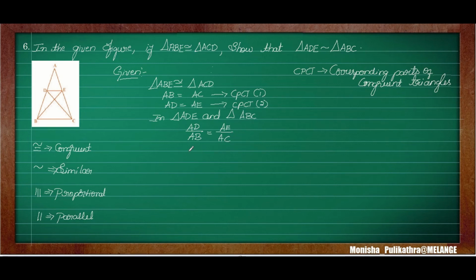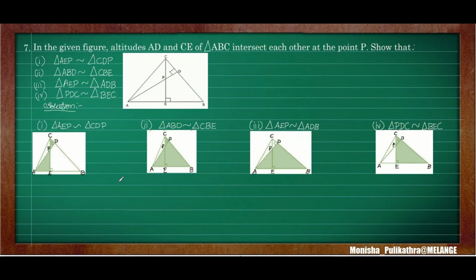Next, in both the triangles, A is the common angle. So two sides are in proportion and one angle is equal. So by SAS similarity criterion, triangle ADE is similar to triangle ABC. I hope you understood this. Moving on to the seventh problem.